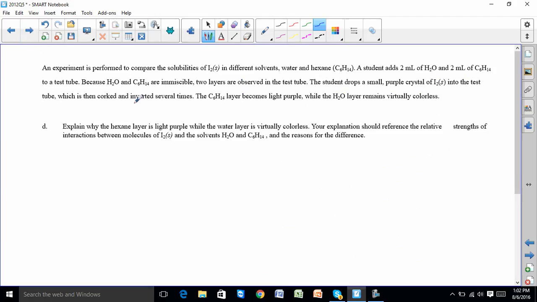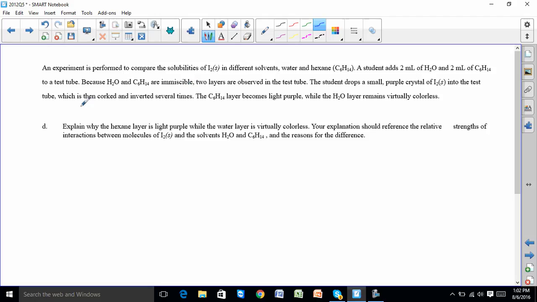All right, next thing: an experiment is performed to compare the solubilities of I2 solid in different solvents, water and hexane. A student adds 2 milliliters of water and 2 milliliters of hexane to a test tube. Because H2O and C6H14 are immiscible, 2 layers are observed in the test tube. Okay, this is code.